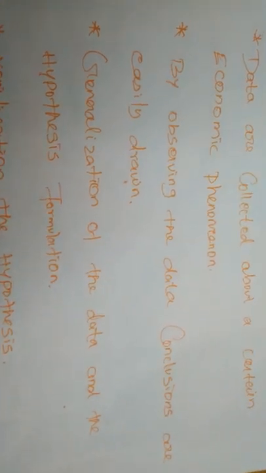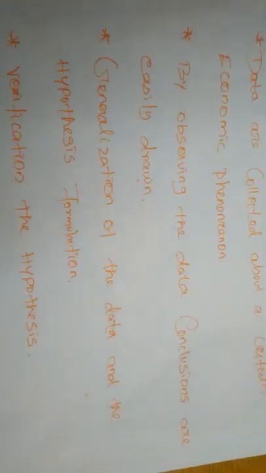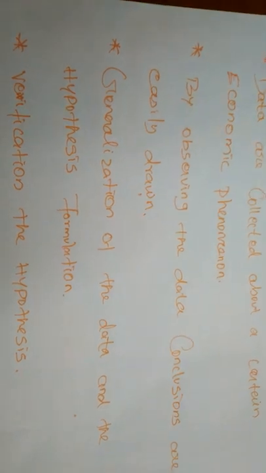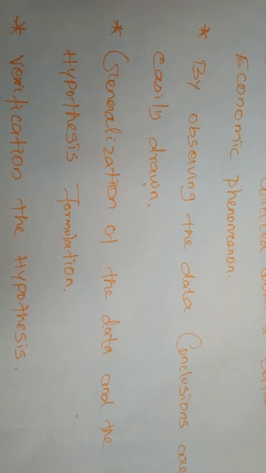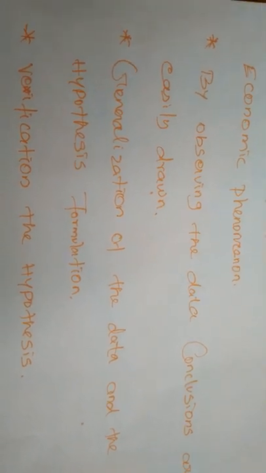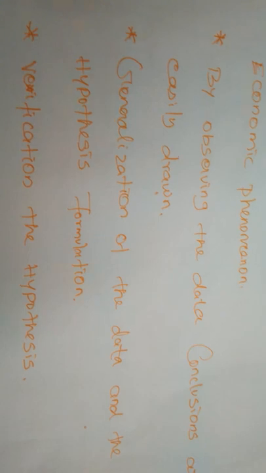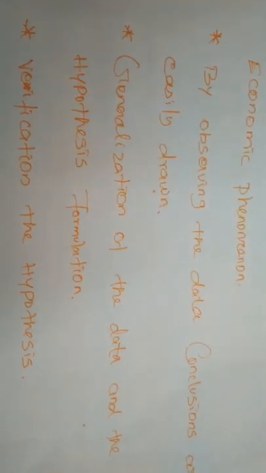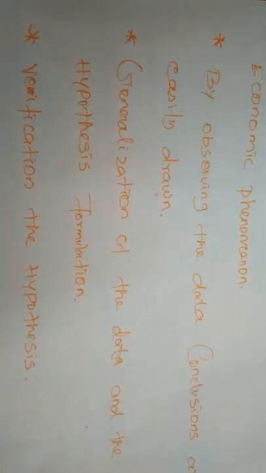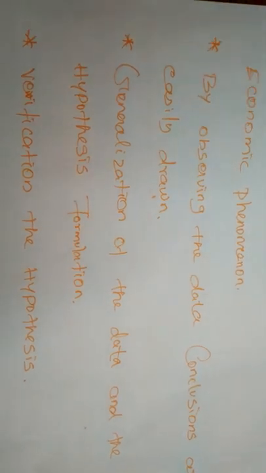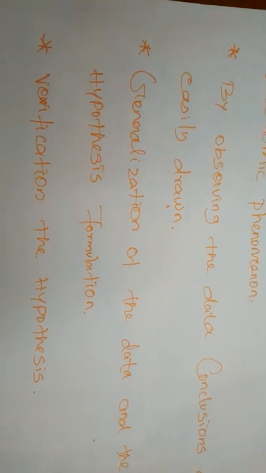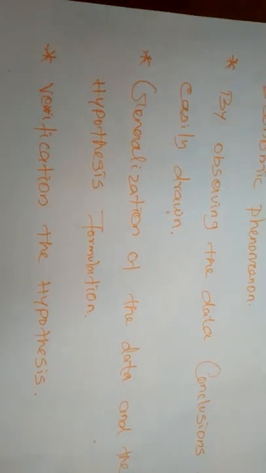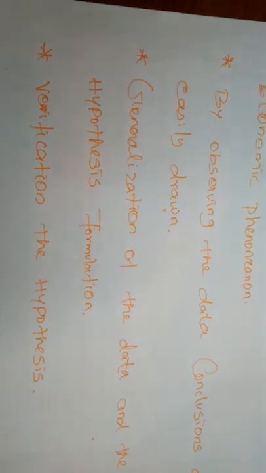Next, by observing the data, conclusions are easily drawn. When we observe the data very clearly, we can easily draw conclusions. Suppose, on the basis of observing the population, you predict that in the next 10 years the population will not increase, and the existing amount of food production is enough, so we will not be ready to produce any more commodity.